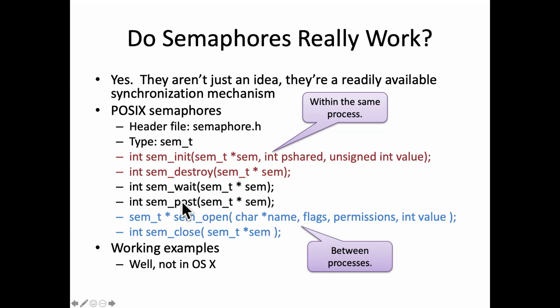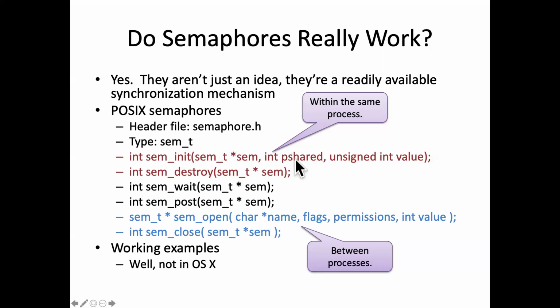and then they either acquire on it or release on it. Before you can use a semaphore, you have to initialize it. Among other things, you've got to give it at least an initial value. And that's what this sem_init does. So before you can use a semaphore, you've got to call sem_init. You give it the address of the semaphore you want to initialize.